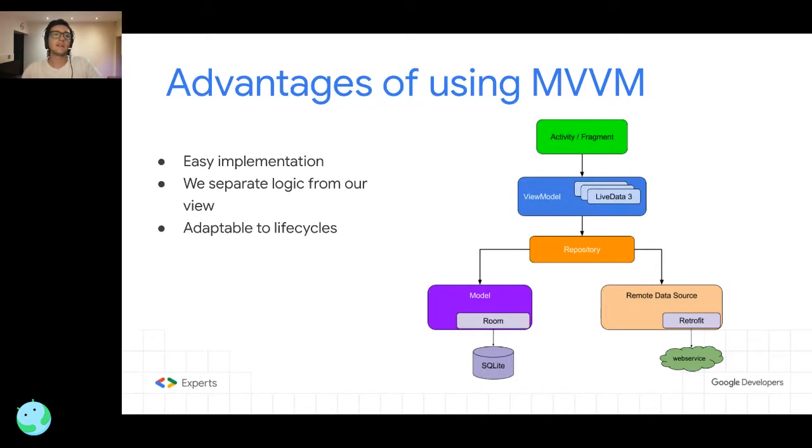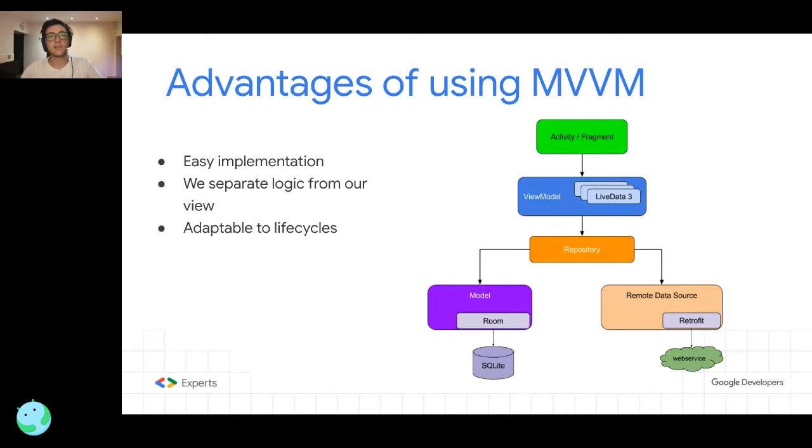In this case, MVVM introduced something really important, which is the view model. The view model persists the live data's data when a configuration change is made in the Android app. For example, if we rotate our phone, the content inside the live data will still be there after the rotation, and all the observers will be triggered again.